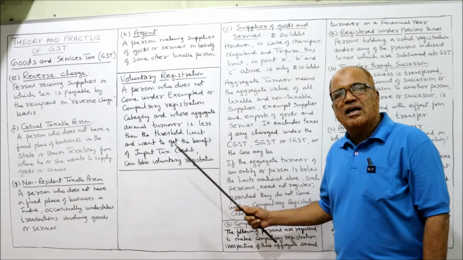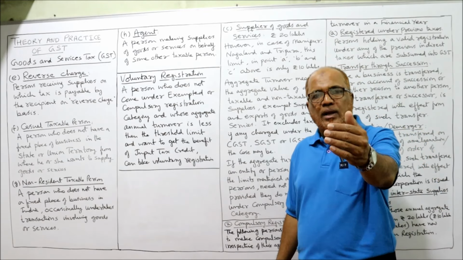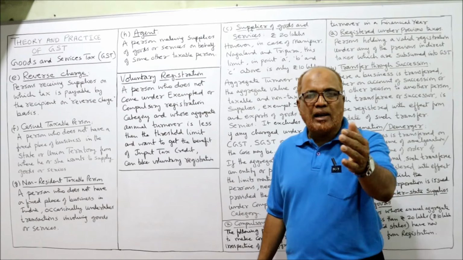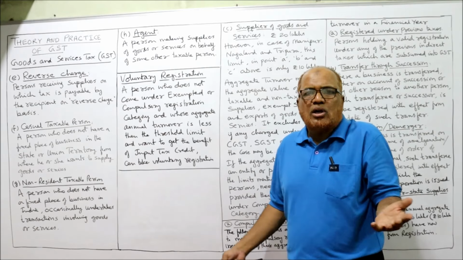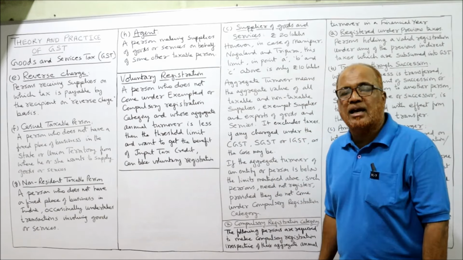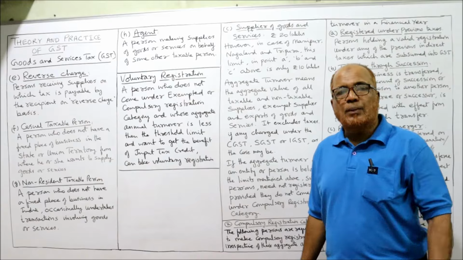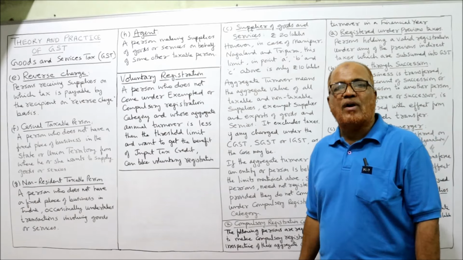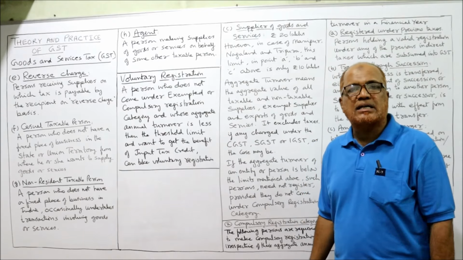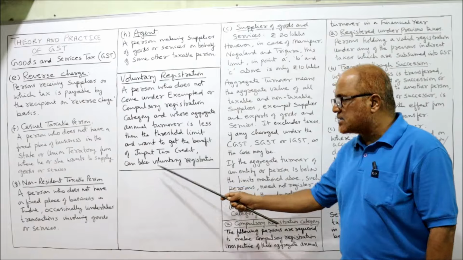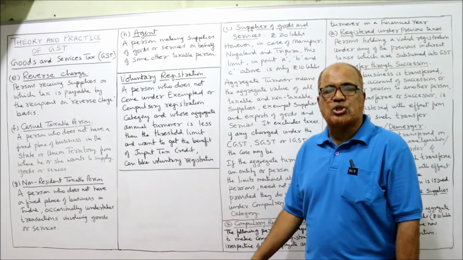So here is a case where the turnover is less than 10 lakh or less than 20 lakh. It is not compulsory for them, but still the business may get itself registered. Why? To take the advantage of ITC, input tax credit. So to get the benefit of input tax credit, one can take voluntary registration.